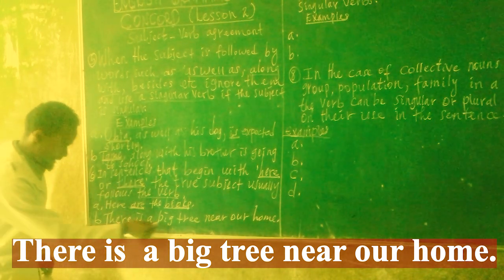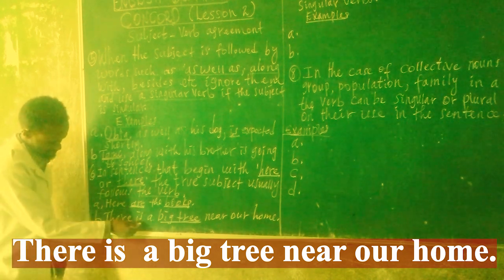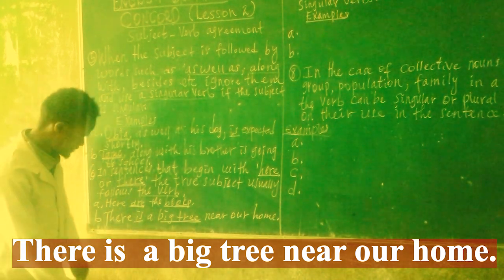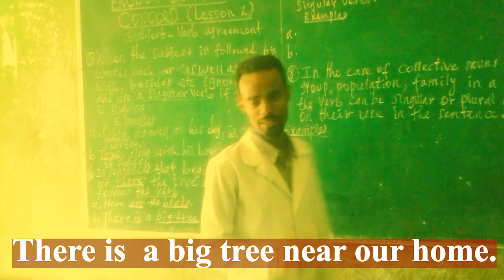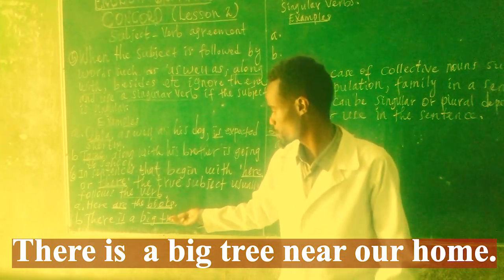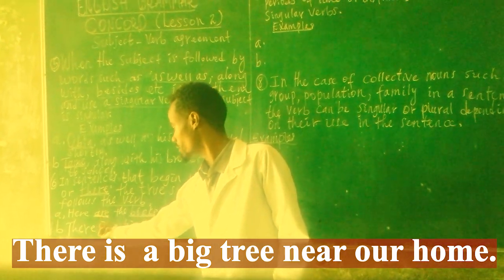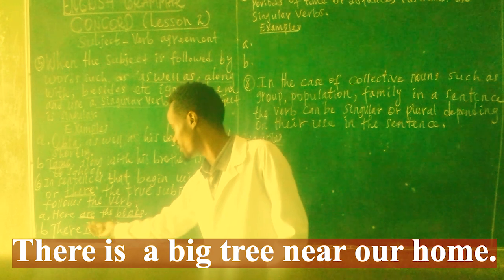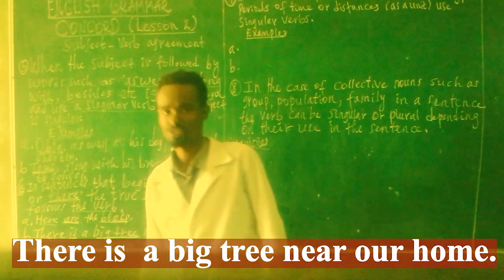When we say this, a big tree is the subject, which is next to the verb. So there is not the subject. Here you have to take care. We have to look at the word after are, is, or other verbs when we use here and there.